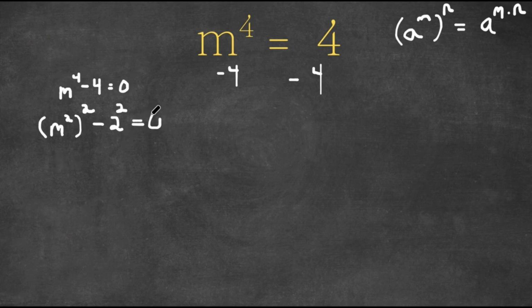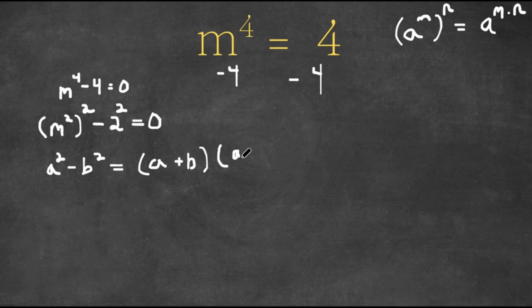Now, if we have something in the form a squared minus b squared, this is actually equal to a plus b times a minus b. So in this case, a squared, well, a would be m squared, and b, this would be 2.